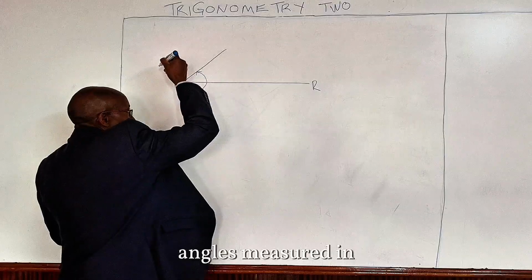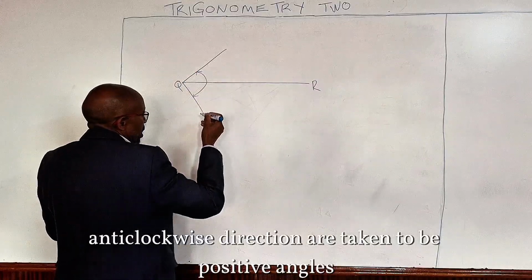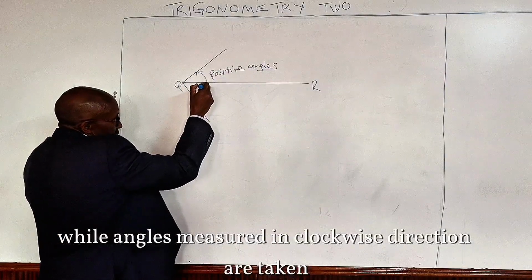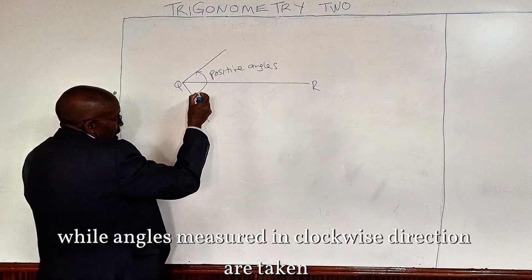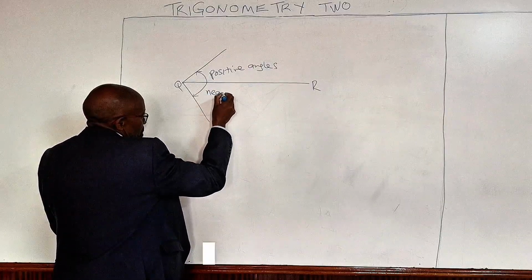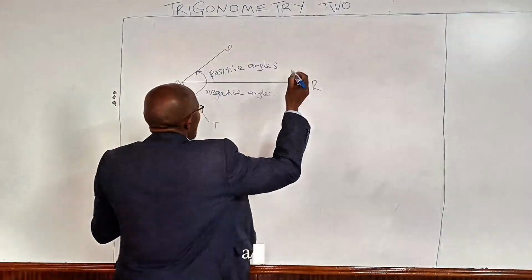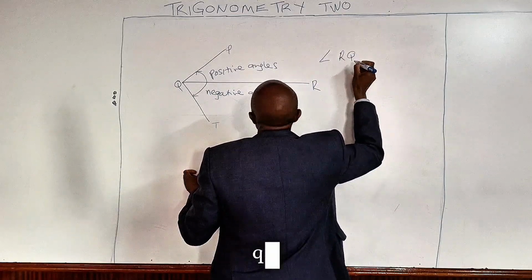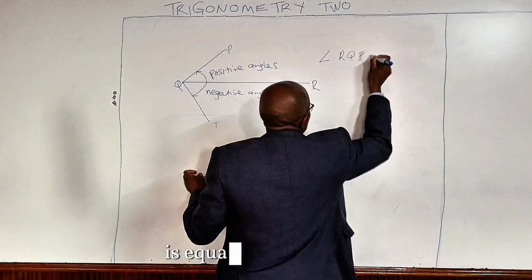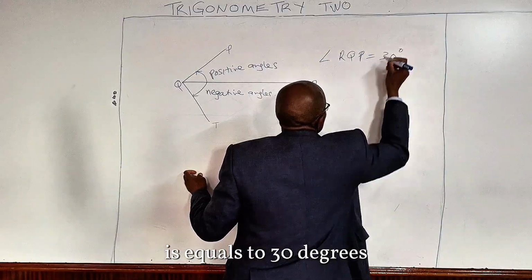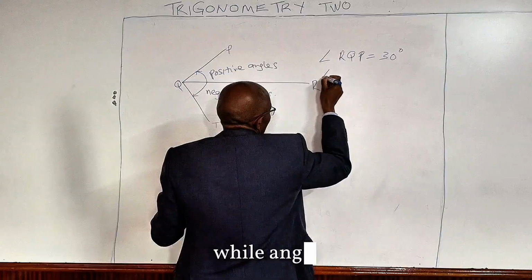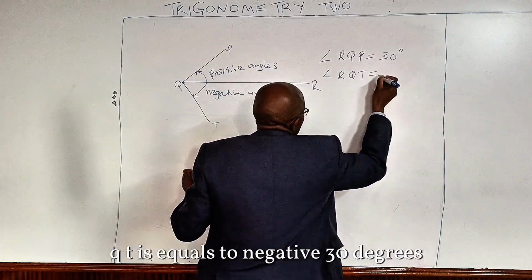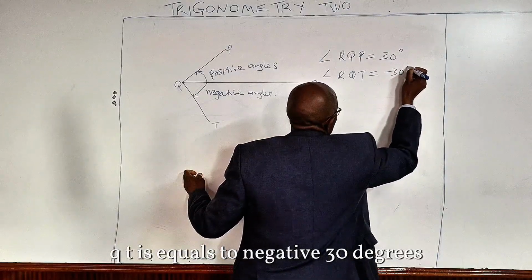Angle RQP is equal to 30 degrees, while angle RQT is equal to negative 30 degrees.